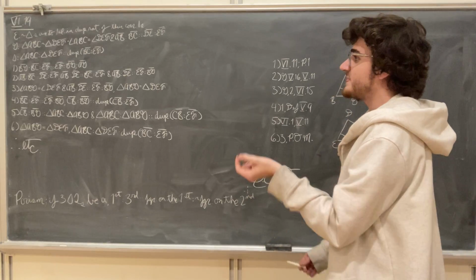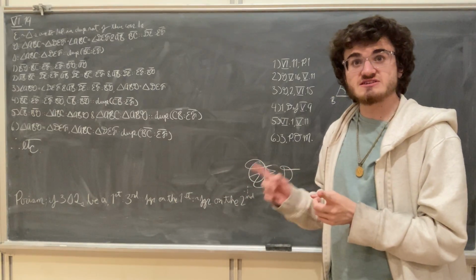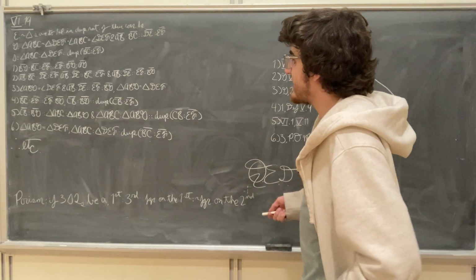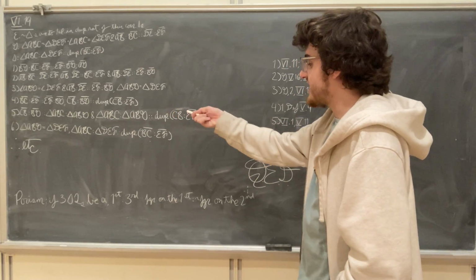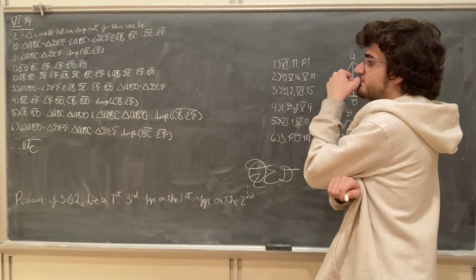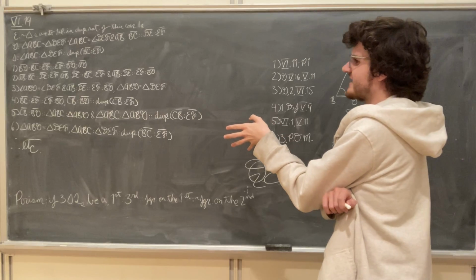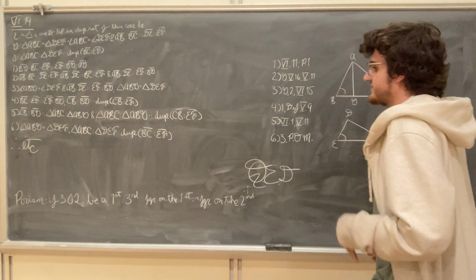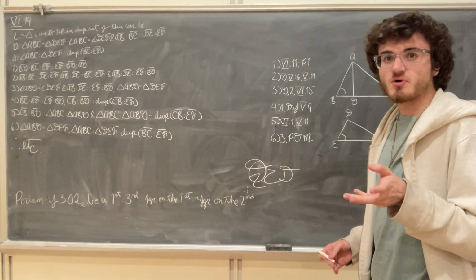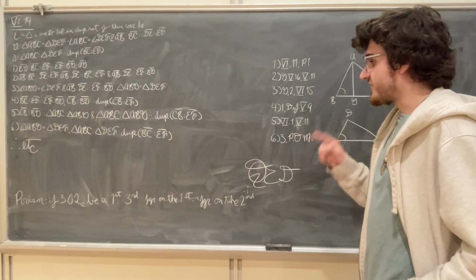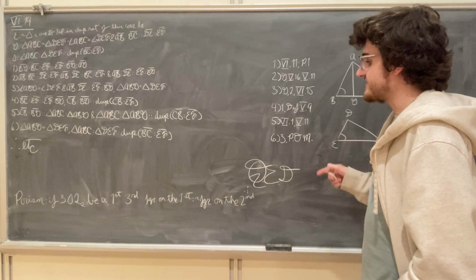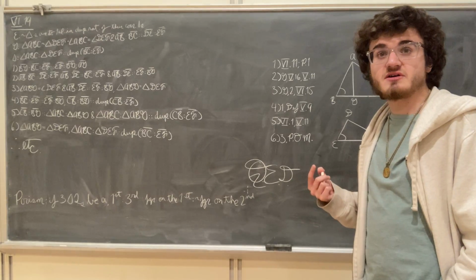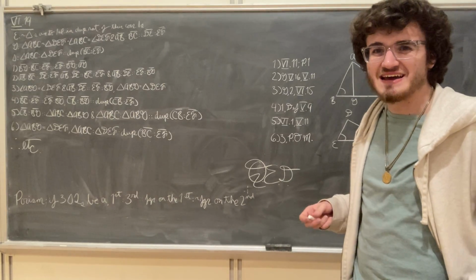And we found that BC is to BG, the first is to the third, just as the triangle on the first, which is ABC, is to the triangle on the second, which is the triangle DEF. So that's how we have that if three straight lines are proportional, the first is to the third straight line, just as the figure on the first is to the similarly described figure on the second.